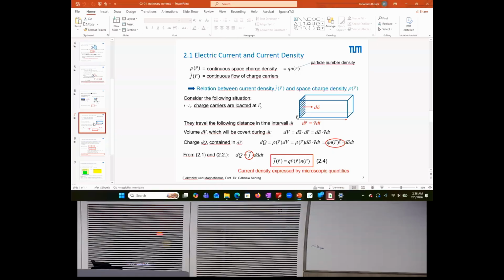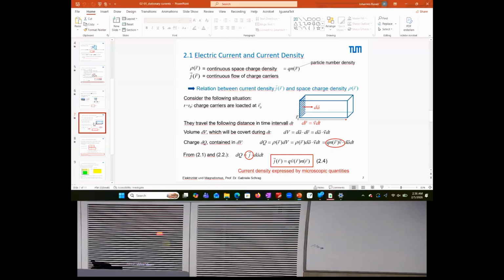because you are then looking at what are the charges in this volume element, and that is given by the spatial charge density multiplied by that volume, and that is this areal element times velocity times delta t.